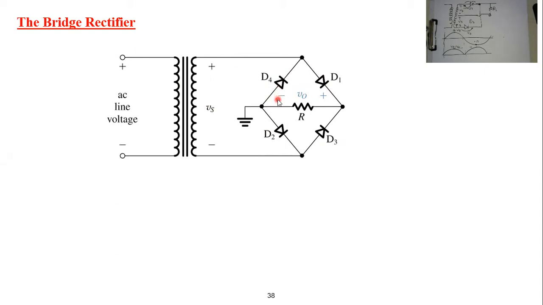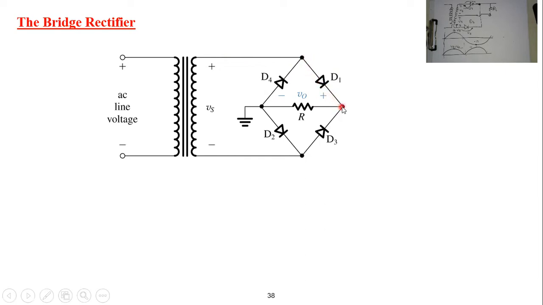Whenever you have a positive voltage applied in this terminal, then as far as this point is positive and this is somehow ground, D4 will be open circuit and D1 will be a short circuit, or will be forward. So no current will pass in this branch, and all the current will pass in this branch.